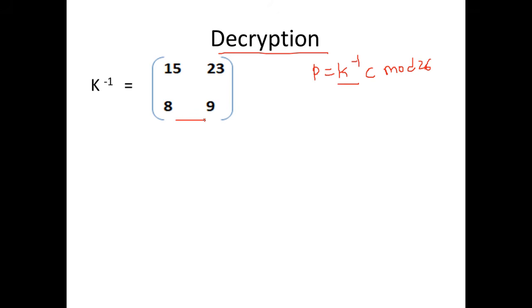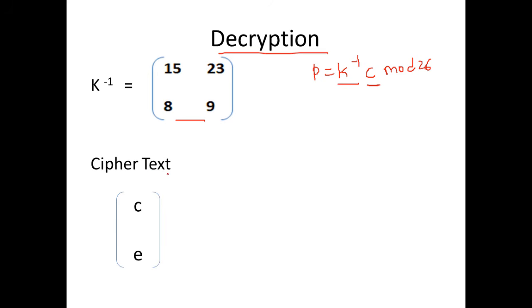The next thing is we have to go in for decryption. So what is the algebraic expression for decryption? It's nothing but you get the plain text by multiplying K inverse with the n component vector of the ciphertext mod 26. So what is K inverse? K inverse we have found, that was from a previous slide. And what is C?